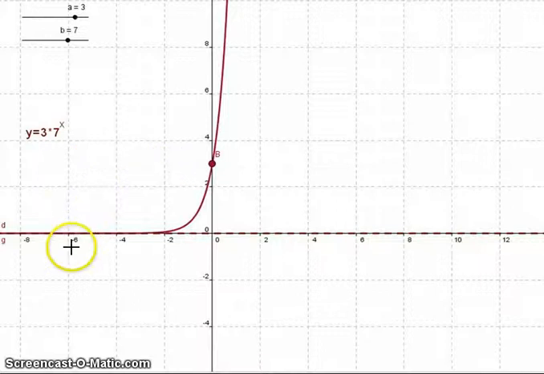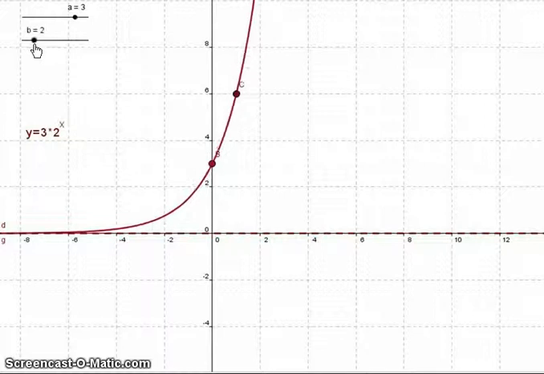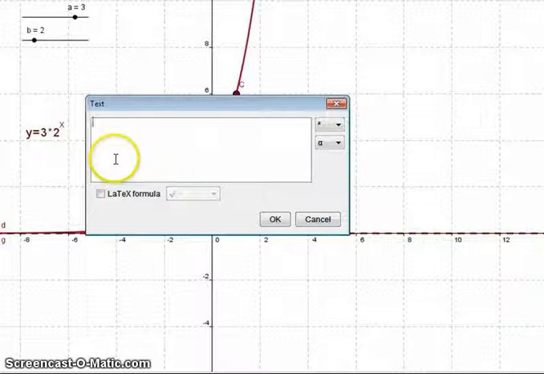Anytime that you're sketching these curves, you can also try to base this off of this basic graph here. So if I wanted to do something like, let's go ahead and put in an equation right here.